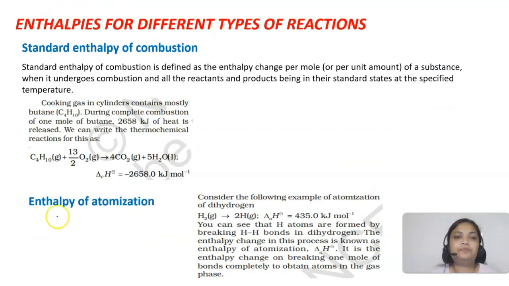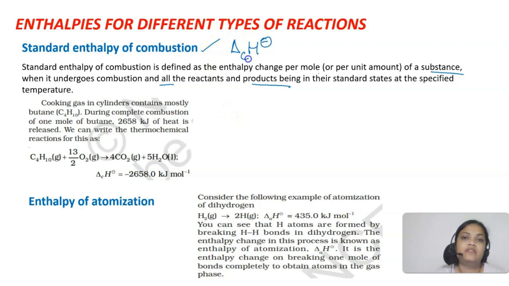Okay. So these are the enthalpies, like different names that we give for these enthalpies. Okay, like standard enthalpy of combustion means enthalpy change per mole of a substance when it undergoes combustion, where all the reactants and products are in standard state. Like here if I talk about cooking gas in cylinder, it is denoted by delta HC.